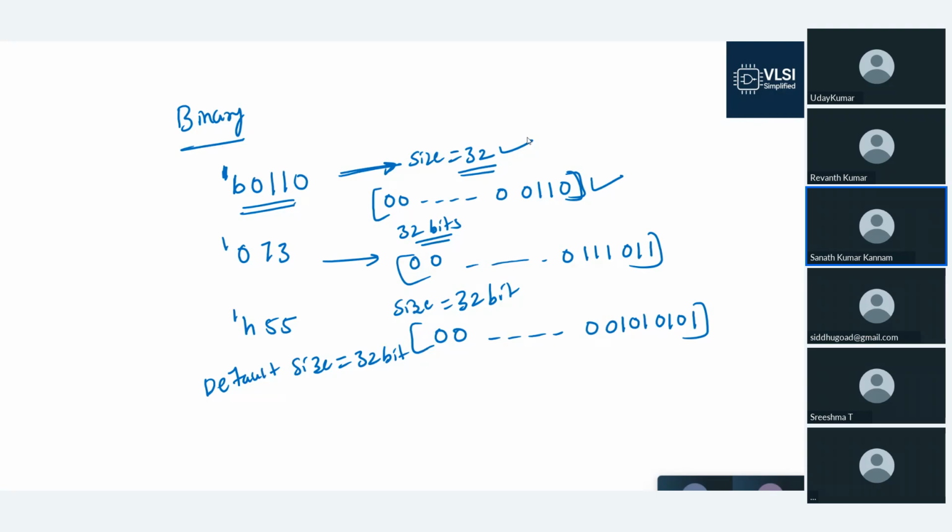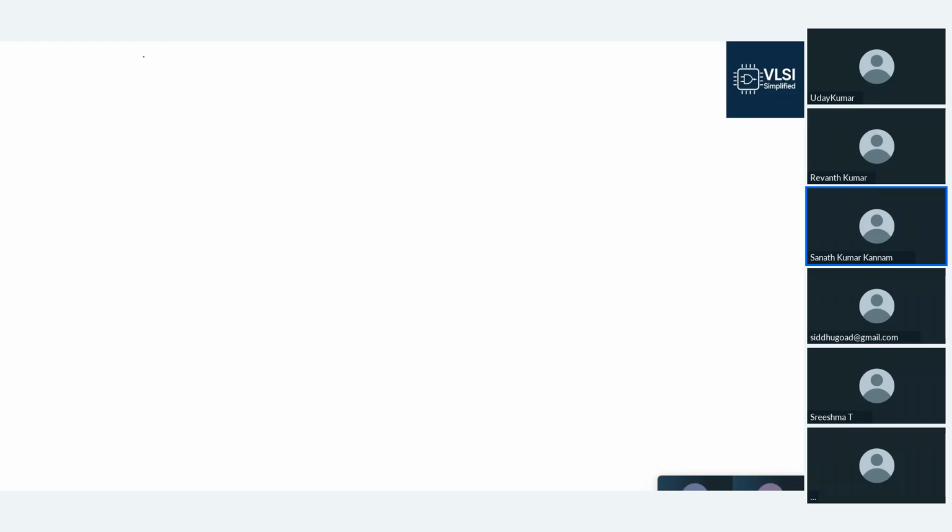Next, you have special characters in Verilog. So you have X, the unknown.